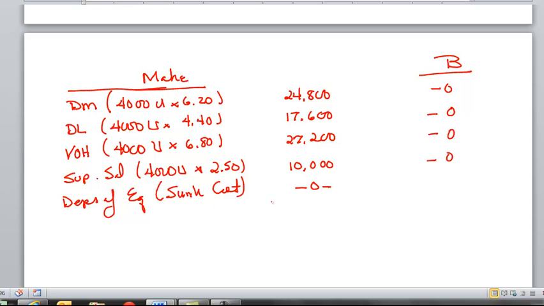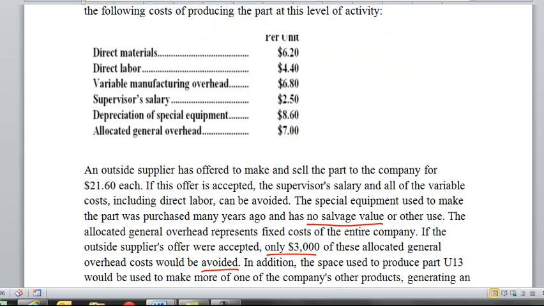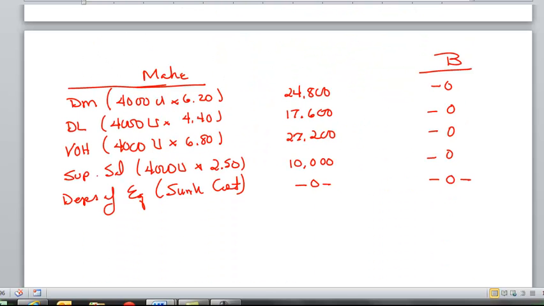They differ. Depreciation of equipment would be the same whether we use it or not, and therefore it's going to be zero for both. Or if what the cost was, which is $860, you can also put $860 times 4,000 under both of these, but it would be under both of them, so it's a wash. So this is a wash, and you ignore it then.